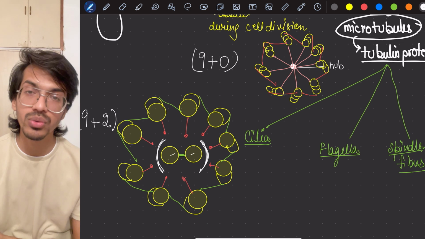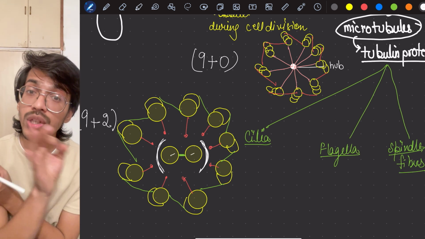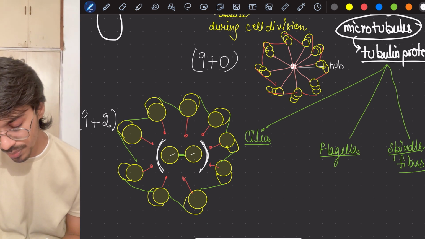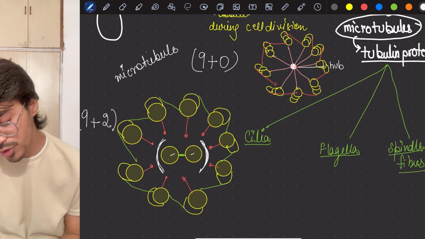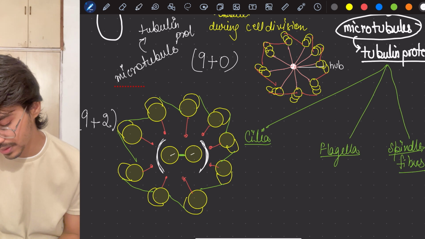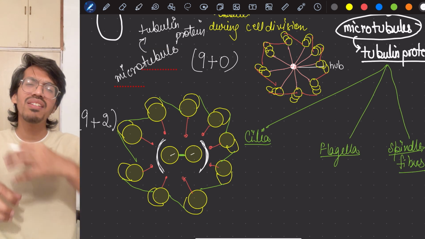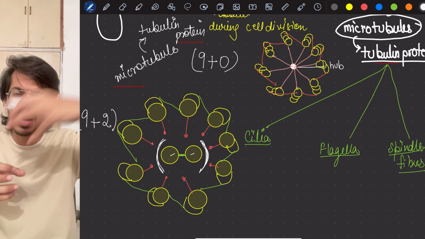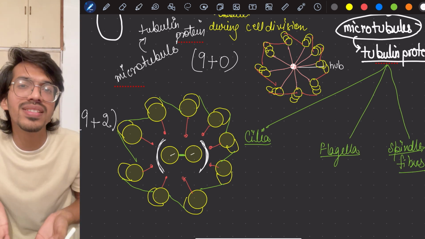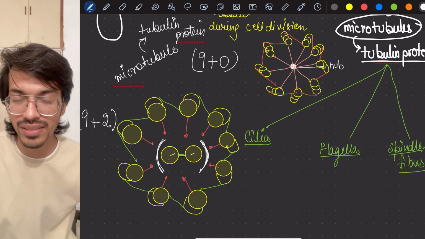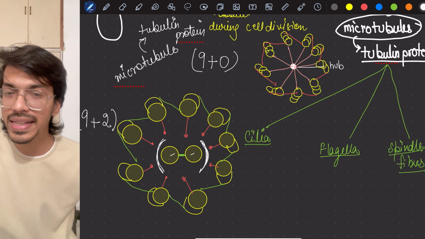No such microtubules are there. These 9 and 2 represent microtubules, and microtubules are made up of tubulin protein. That's the only thing you have to remember. Cilia and flagella have a plasma membrane, and the center part is called axoneme. Axoneme has this structure, a basic thing which you can understand from the NCERT.